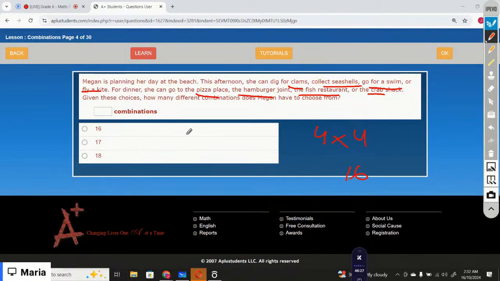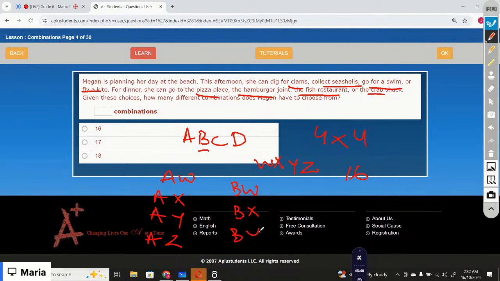You can go like this: A, B, C, D. These are the four options. And then for the dinner, W, X, Y, Z. So you can do AW, AX, AY and AZ. Then BW, BX, BY and BZ.